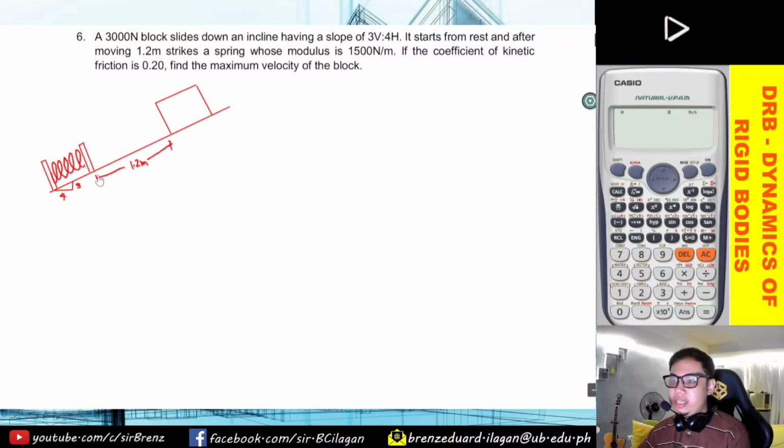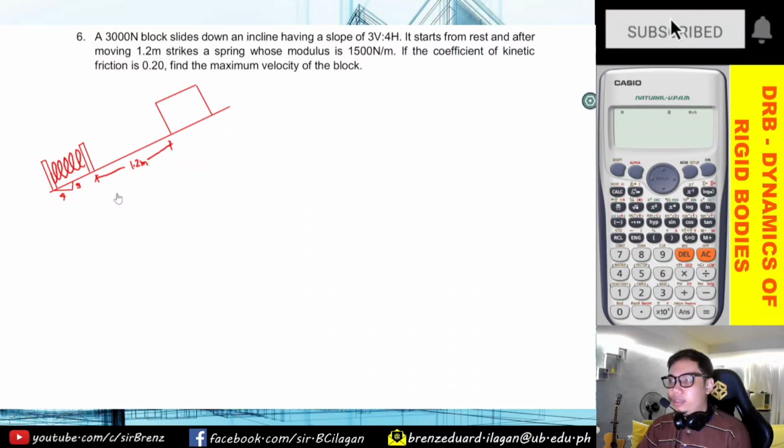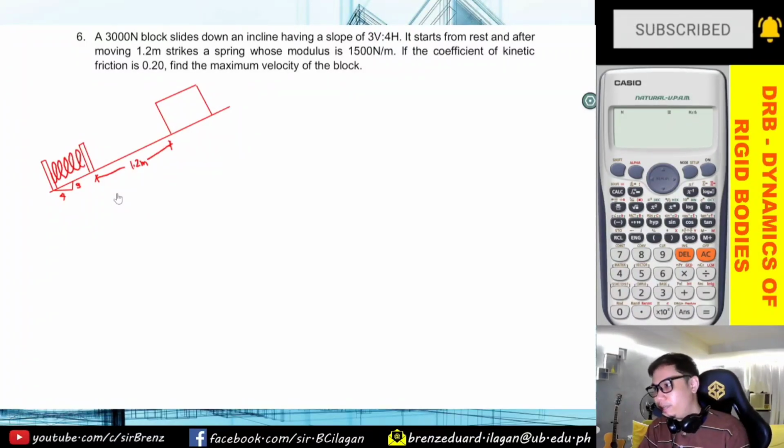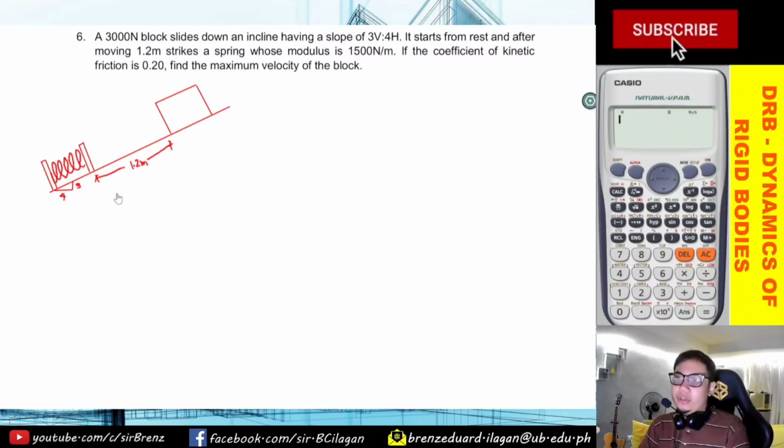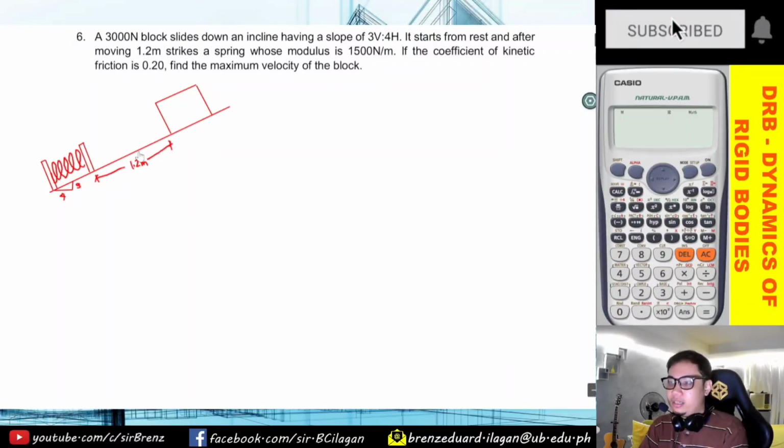So sabi dyan, it strikes a spring whose modulus is 1,500 Newton per meter. So yung modulus na yan, yung k natin, which is the spring, yung isa pang tawag is spring constant. So if the coefficient of kinetic friction is 0.2, so may friction pa nga pala tayo dito sa surface, find the maximum velocity of the block. Okay?